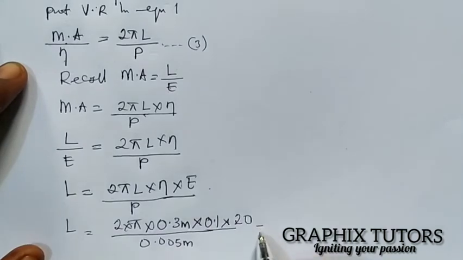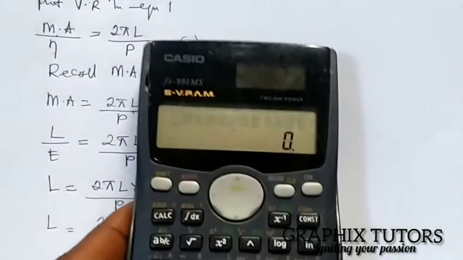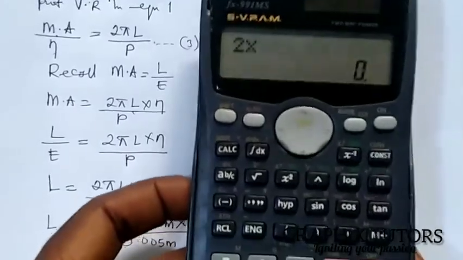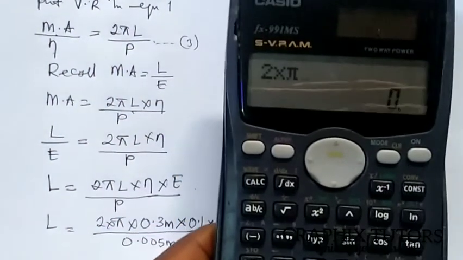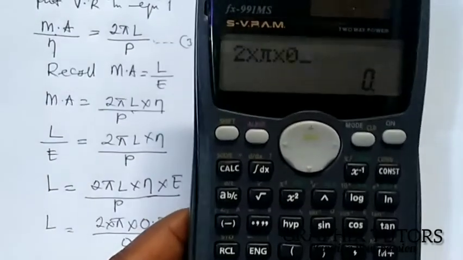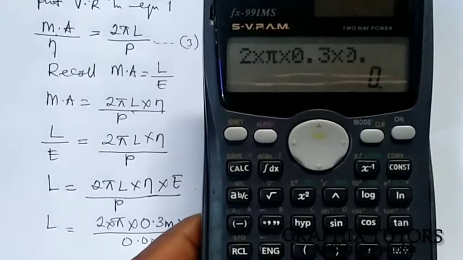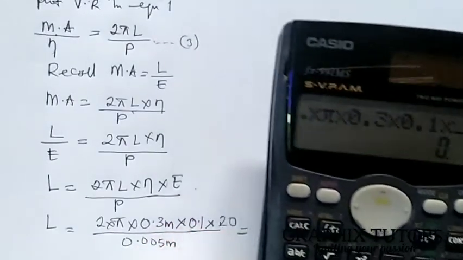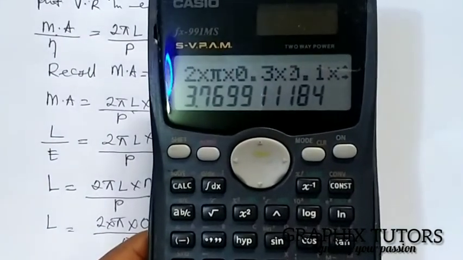So in doing that, if you punch your calculator, you'll have 2 times pi. To get pi, I'm going to press shift, then this is my pi here. Multiply by 0.3, multiply by 0.1, multiply by 20, and this will give me 3.7699.